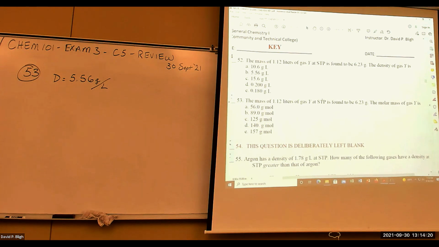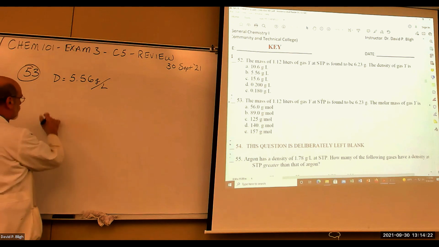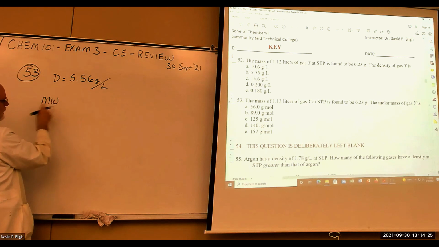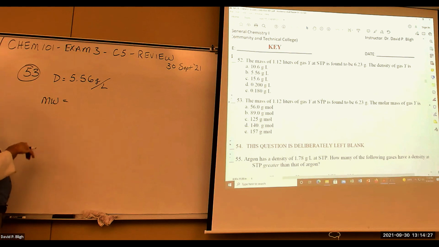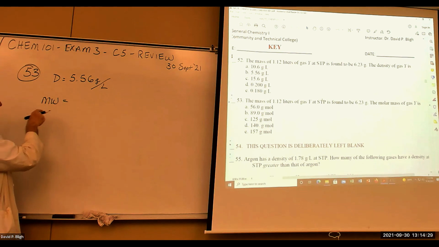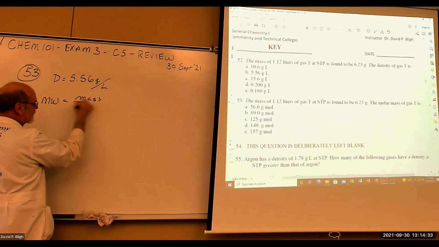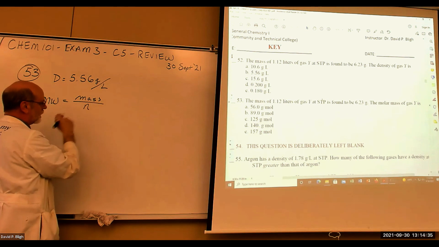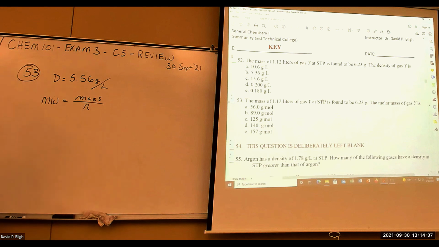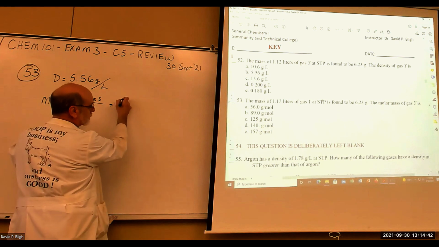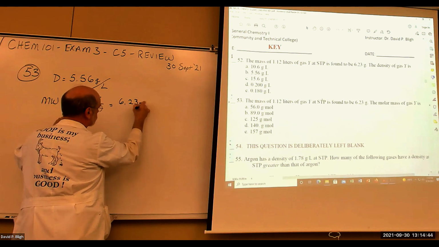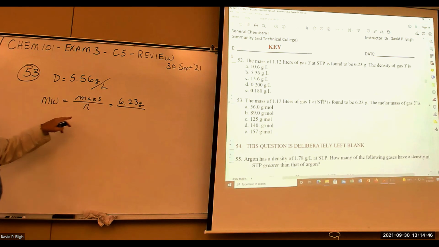The molar mass of the gas, okay? Molar mass is what? Molecular weight, that's always what I do. We need to know the mass, how many moles that represents. Okay, so we have the mass, right? 6.23 grams. We need to know the number of moles. So how do we find the number of moles? Well, we don't need the density.